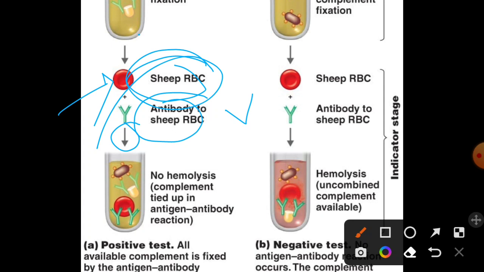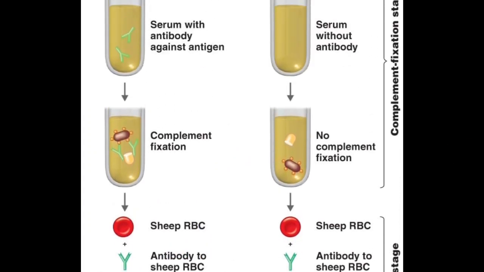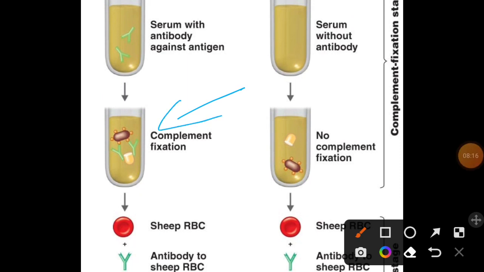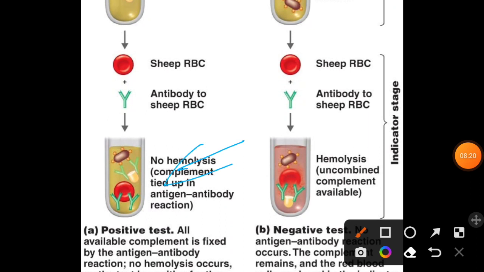That will change the color of the solution to red. Okay, and we will consider this a negative test. Why? Because remember, as antibody was absent here, complement fixation is possible in the indicator stage. Understood? That is why if your solution changes its color, make sure that the patient has not developed any kind of antibody against that antigen. That means the patient may not be infected with that particular disease.